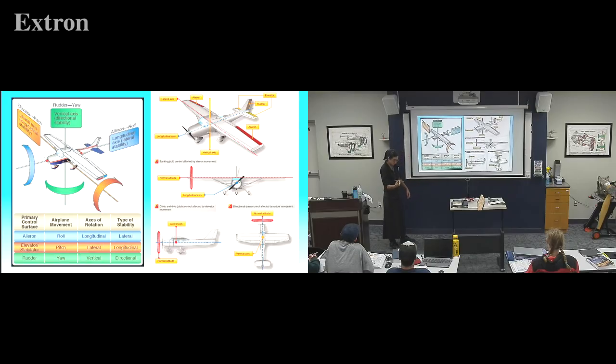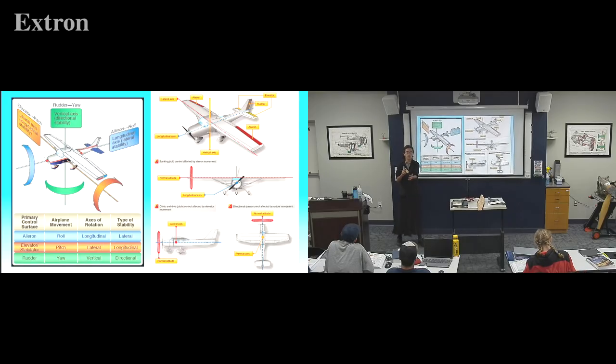But the first one they have here is the longitudinal axis. So if I spear this aircraft from nose through tail, the long way of the aircraft, that is a longitudinal axis. Longitudinal from nose to tail.